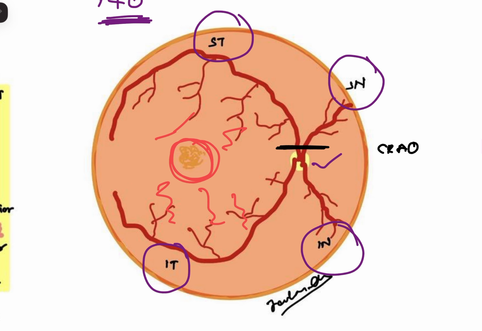But when you come to central retinal artery occlusion, what happens is your retina will become pale. Once that is gone, the retina will become paler.